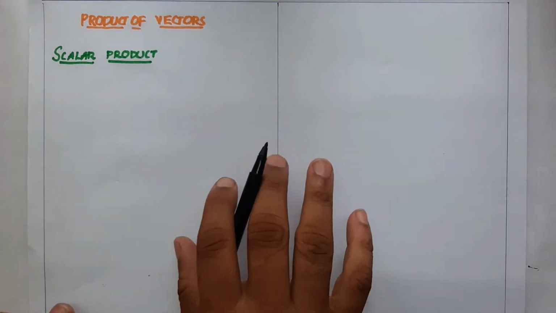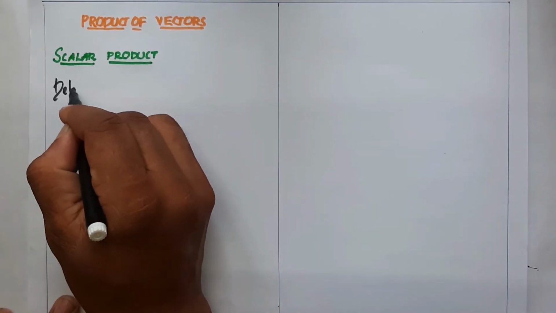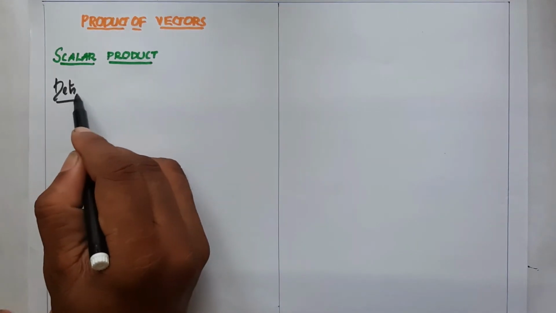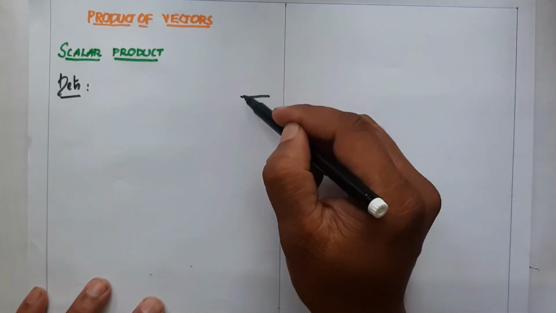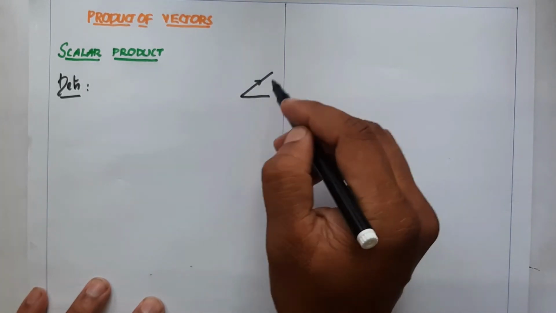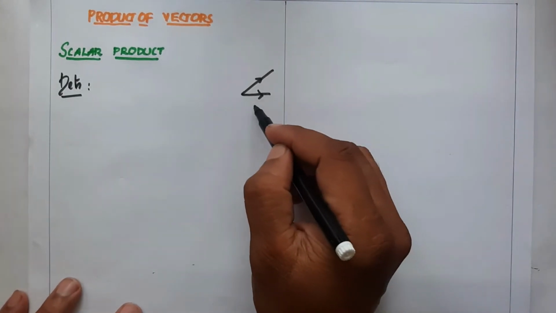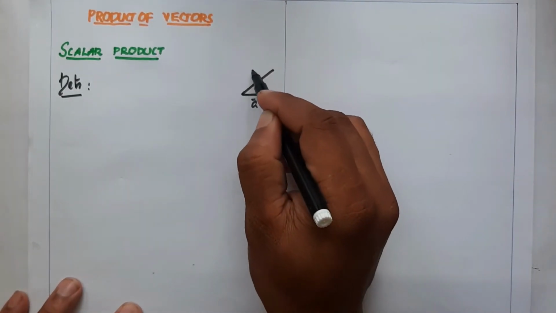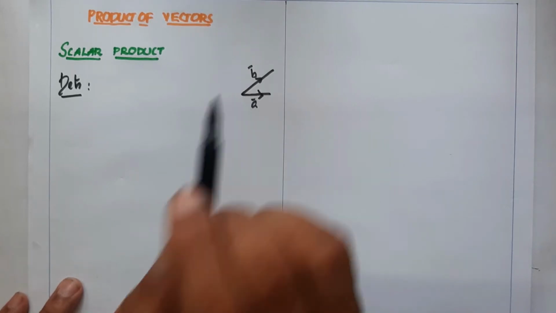Now the definition of scalar product. What is the definition of scalar product? If vector A and vector B are two non-zero vectors with the same co-initial point, the product is defined using the same initial point.